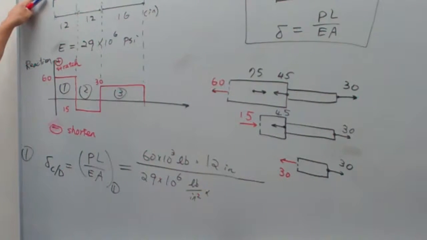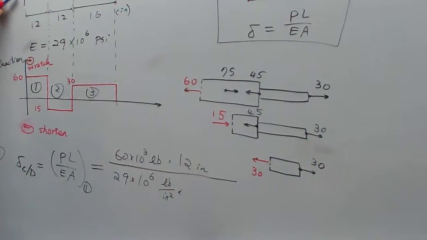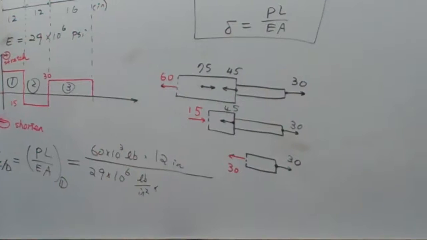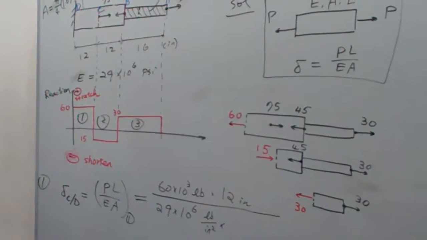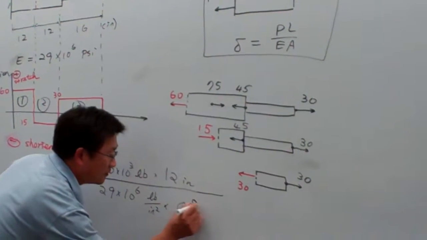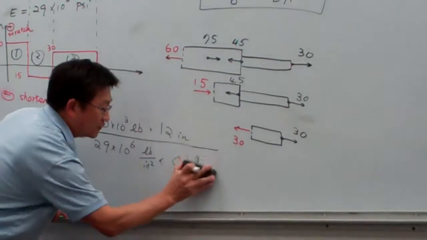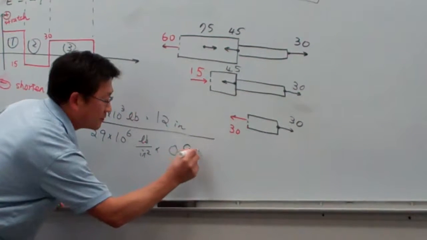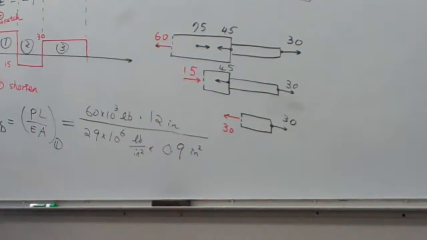I'm getting 0.899. How about just 0.9? Okay.